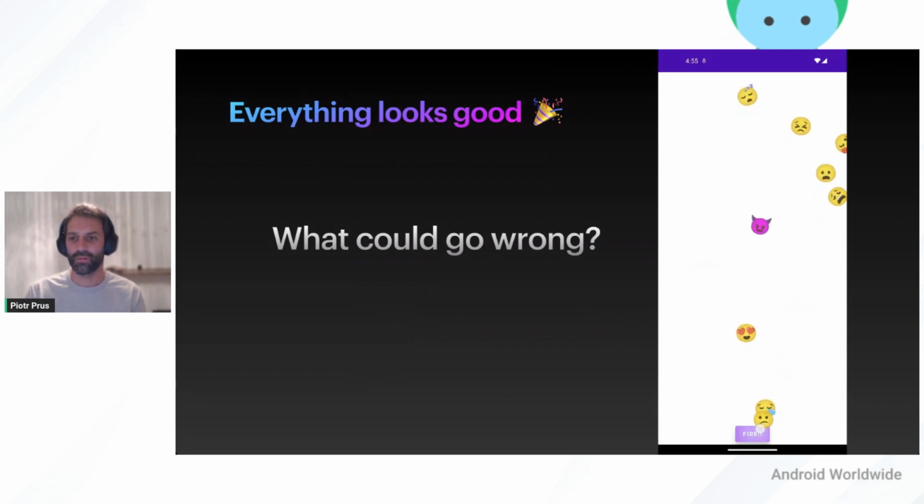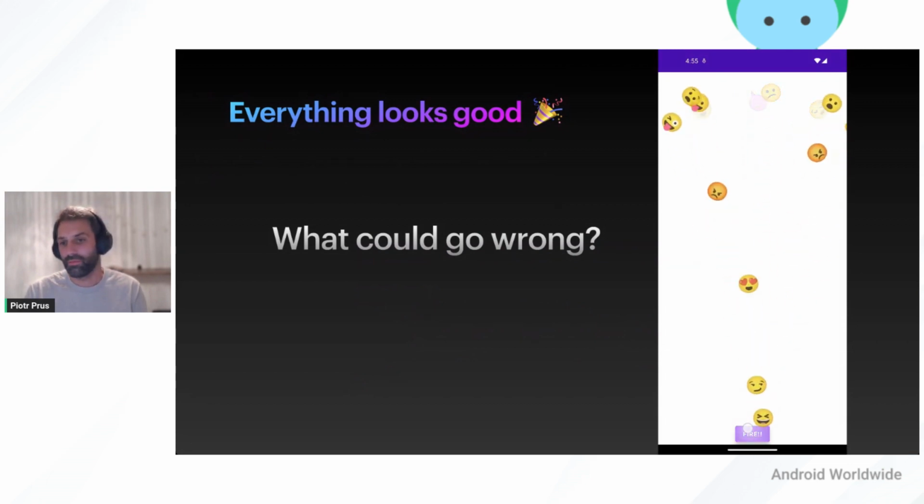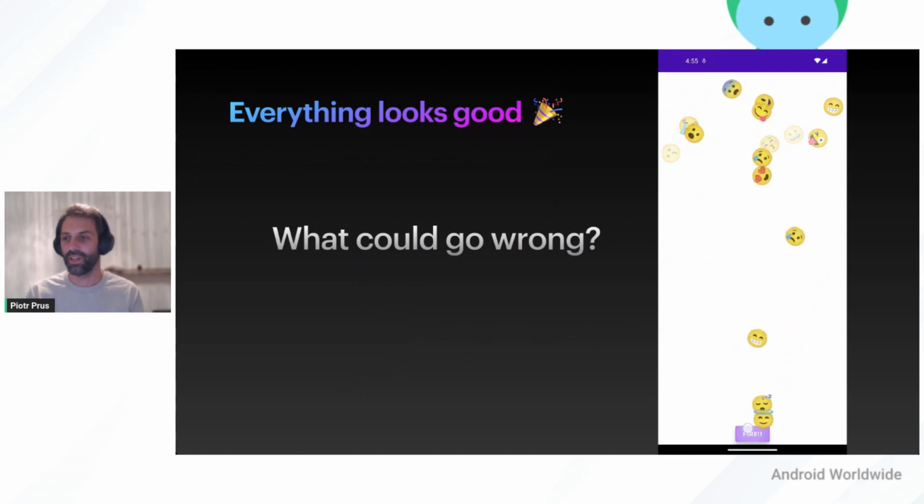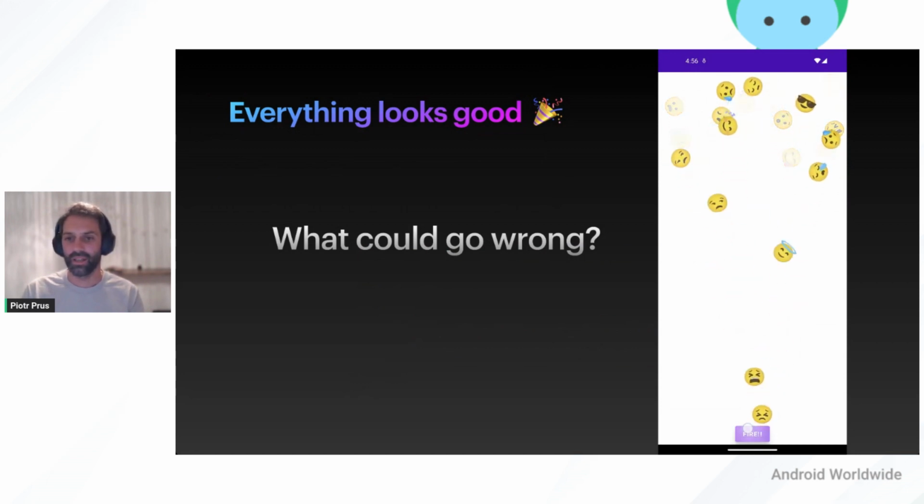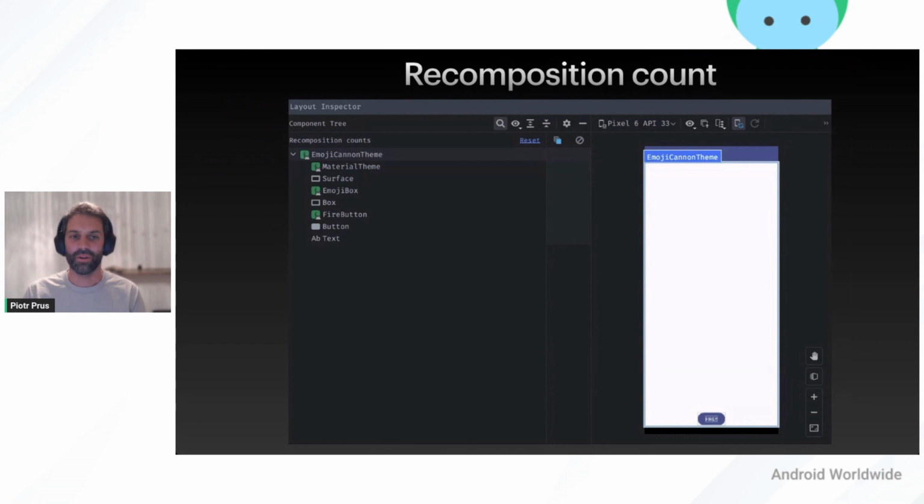So everything looks good. Now, basically, our work is done, right? Everything works smoothly. We could end the work here, but let's check what could go wrong. If you go to the recomposition count in the layout inspector, you will see that every time we click fire, the recomposition count goes really wild.